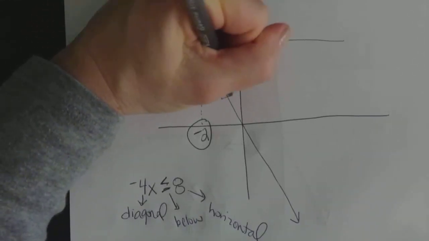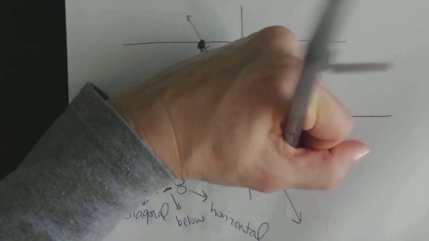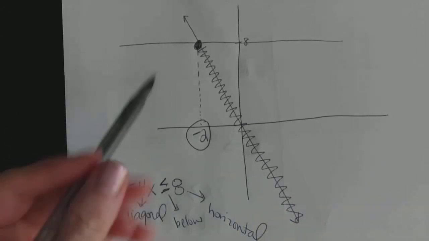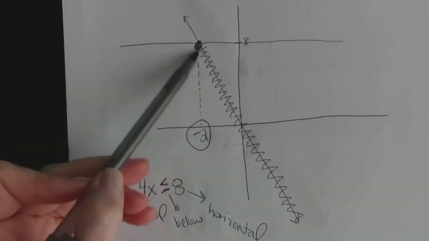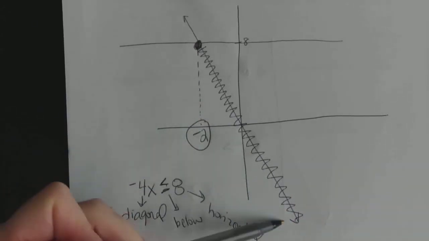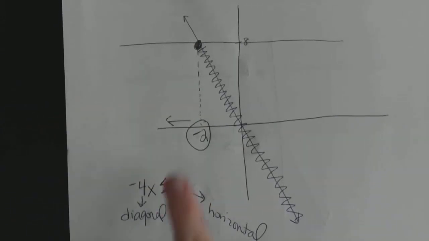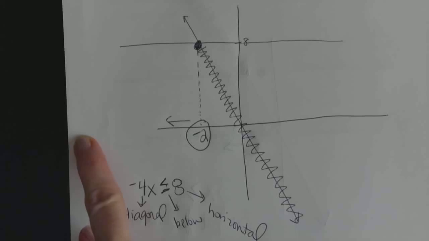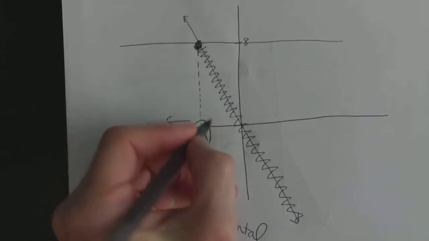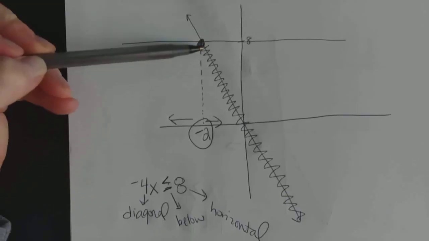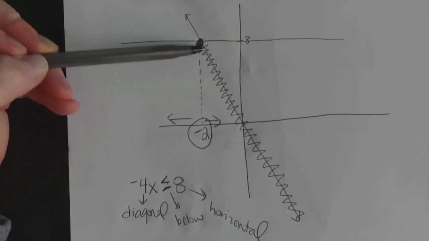So let's look at our picture. Where is the diagonal line underneath or below the horizontal line? Well, wouldn't that be here? All this? Now you've got to interpret that, where does the x-axis hook up with this? Well, I don't think it would go that way, because if I go this way and travel, there's nothing over there.